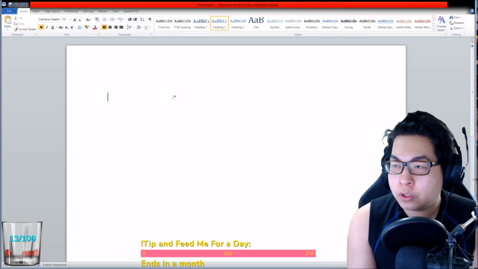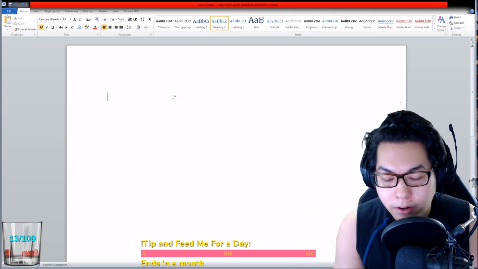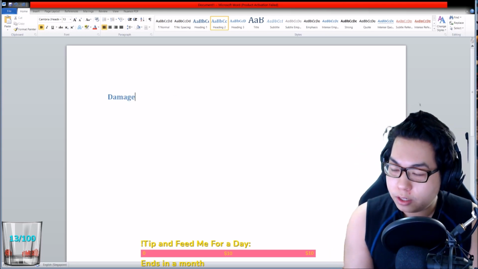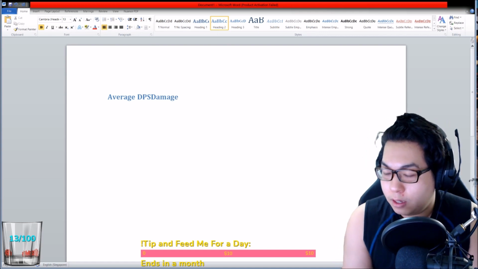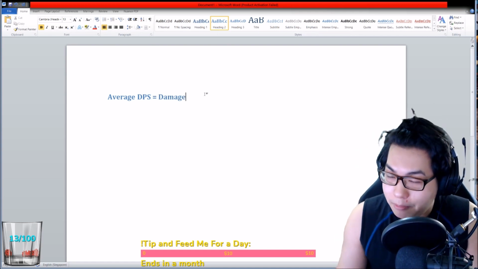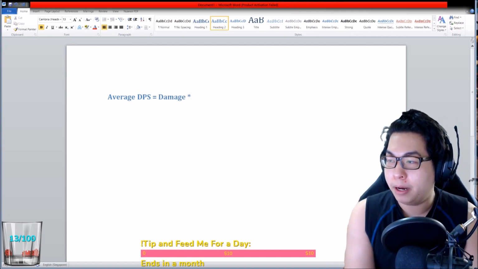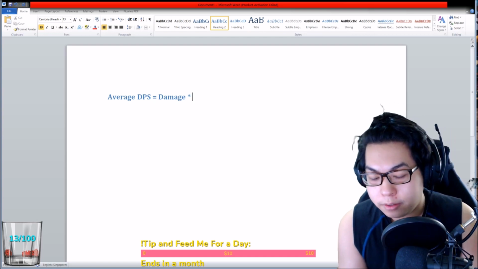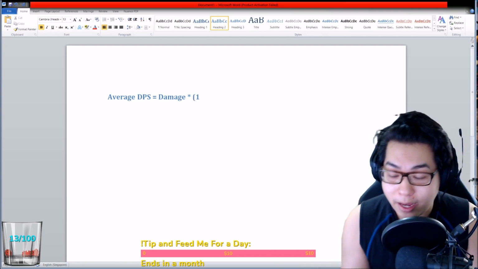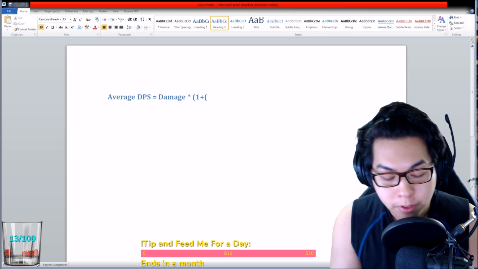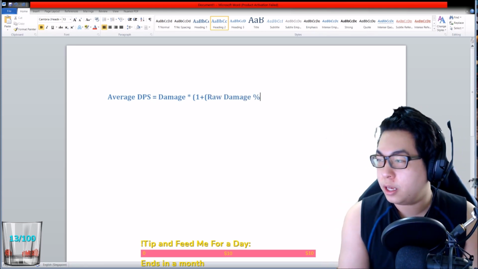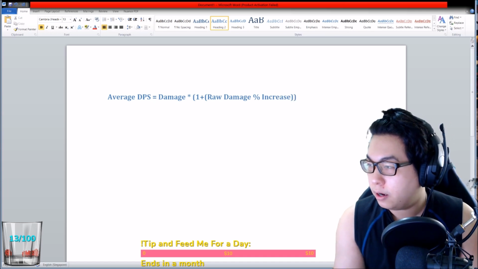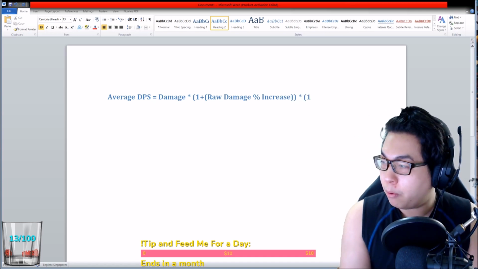All right, so to get your average DPS, the formula is damage multiplied by 1, in brackets. This is why you've got to learn your algebra. Plus raw damage percentage increase, multiplied by 1.